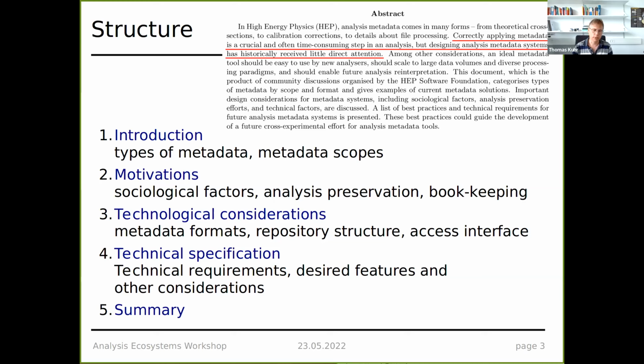The main part of the paper is to give technical specifications. This is split into requirements and then features that are desired or some other consideration. And then it's finally summarized.